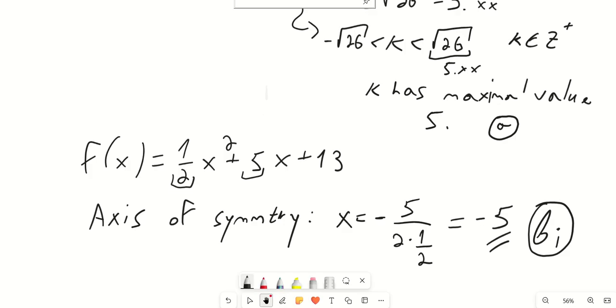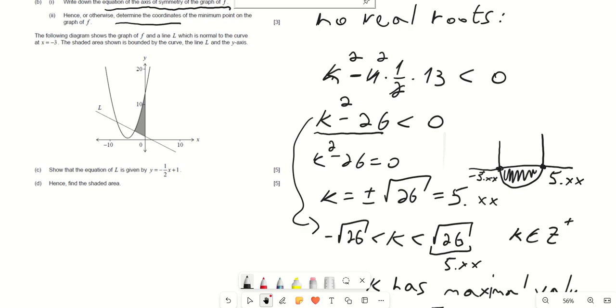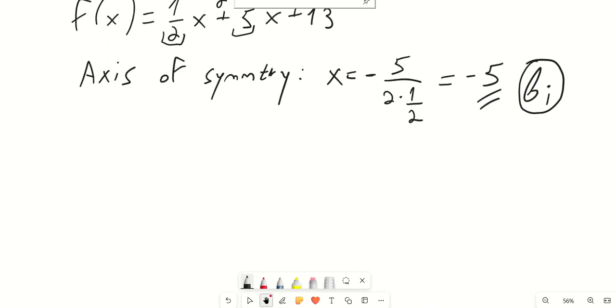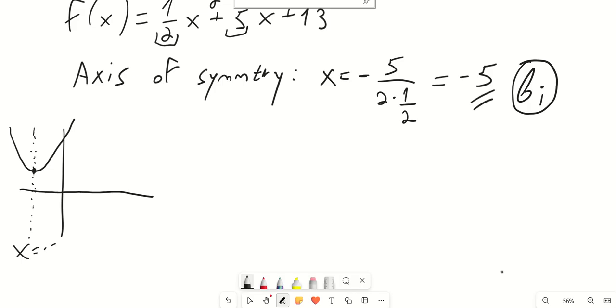Now in B2 we have to determine the coordinates of the minimum point of F. So the axis of symmetry, this line x equals -5, it goes right through the minimum point of F. Yeah, so if I have F here, this is the minimum point, and the line of symmetry for F is right here. x equals -5.